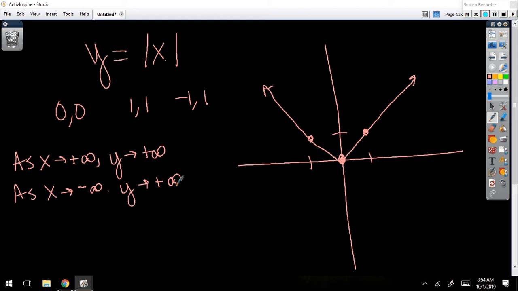Why? It is continuous for every point in its domain. Get used to saying that, because when I ask you why, that's what I want to see on a test, okay? Yes, because it is continuous for every point in its domain.